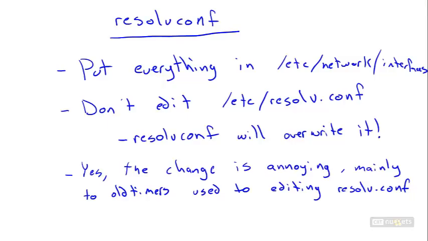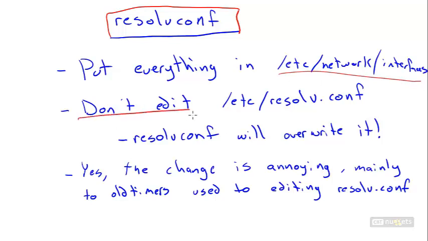Before we go into bonding, I did make a slide just to reiterate the things about resolve.conf. Again, you may be thinking, Sean, this is not a big deal. I have no idea what resolve.conf is, but it's just important. It's such a drastic change in the way that we do things in the Linux world that I want to reiterate on another slide that everything regarding DNS is now put into the /etc/network/interfaces file along with the static IP information that we put in there for each interface.